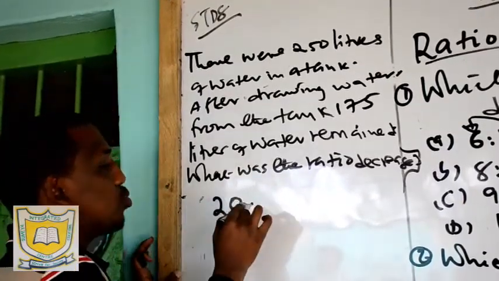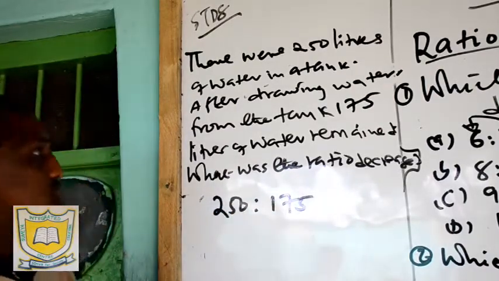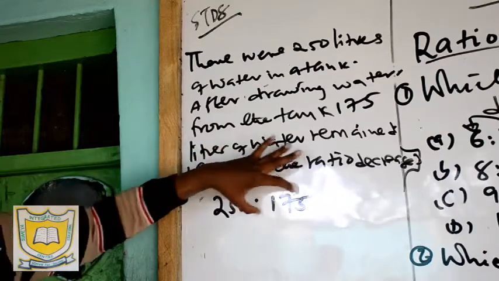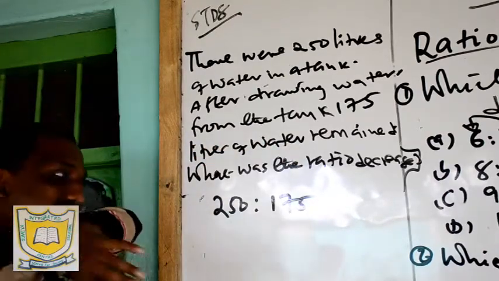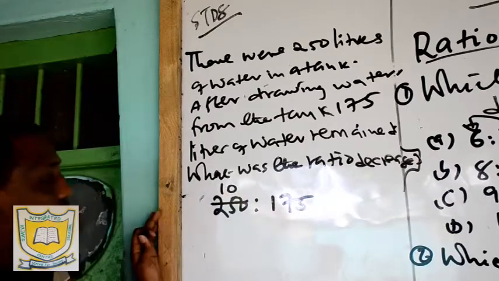So you say now 250 to the ratio of the amount remained. Now let us solve. By 25, 10.